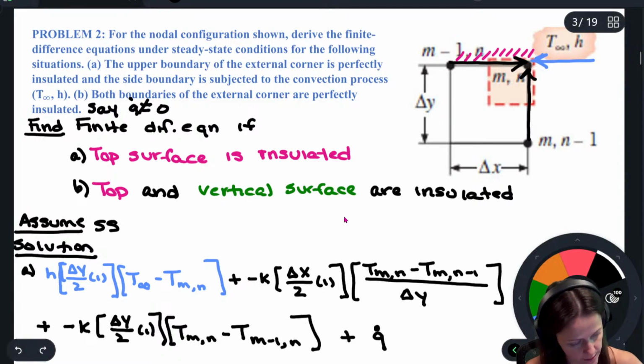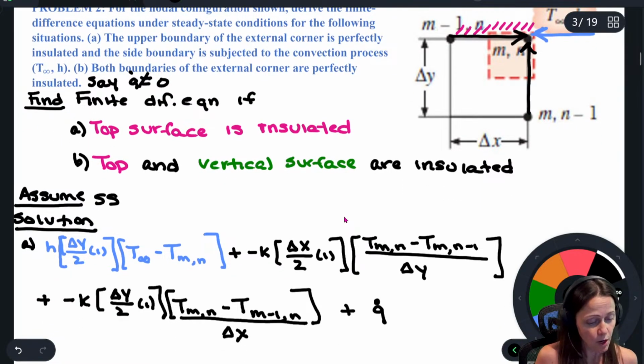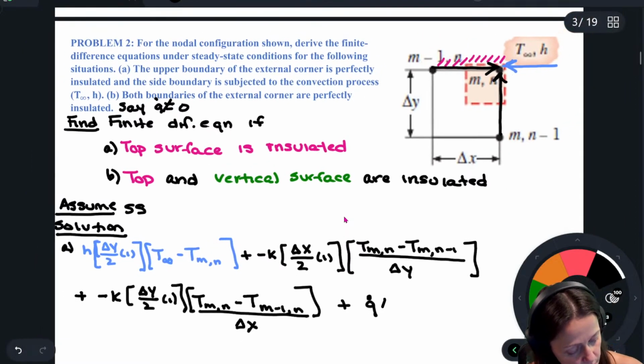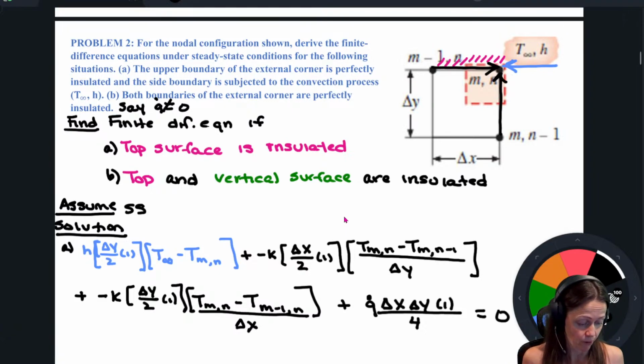I did, yes, thank you very much. So that volume is going to be delta x, delta y times 1, divided by 4 because it's just a quarter of an element. And then all of that is equal to 0. That's really all we need.